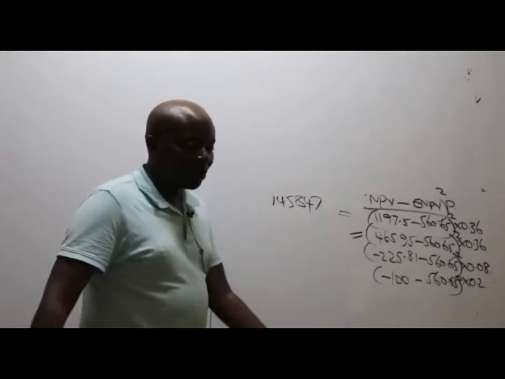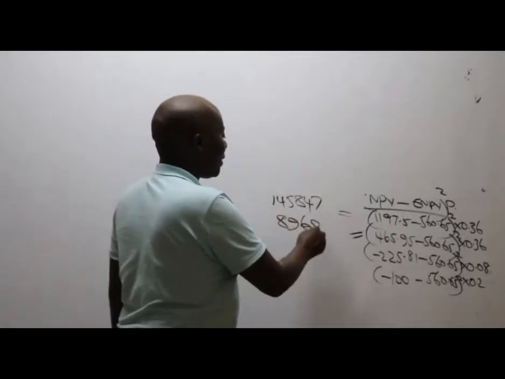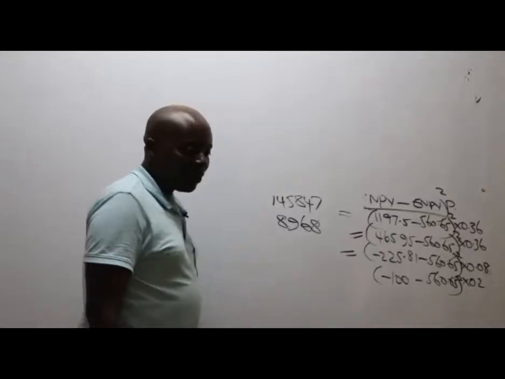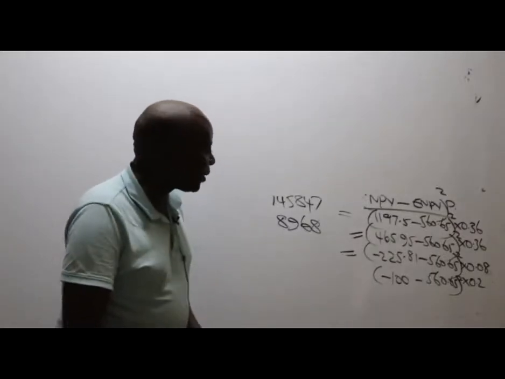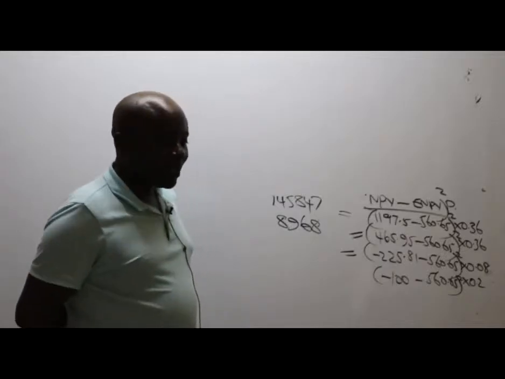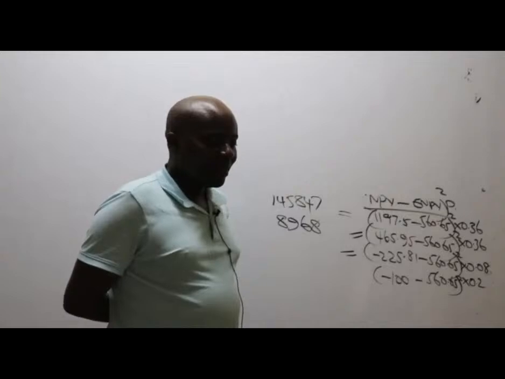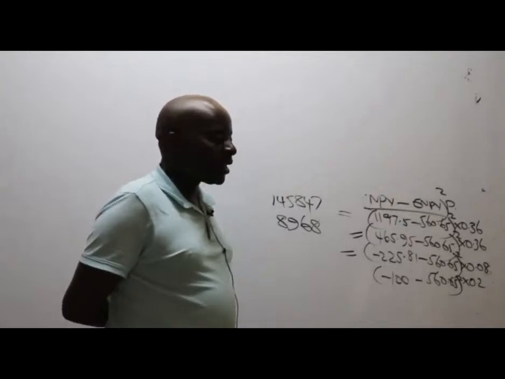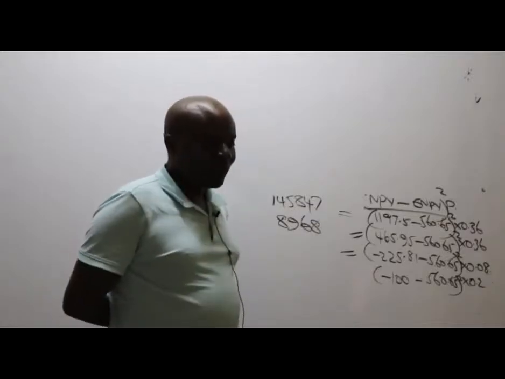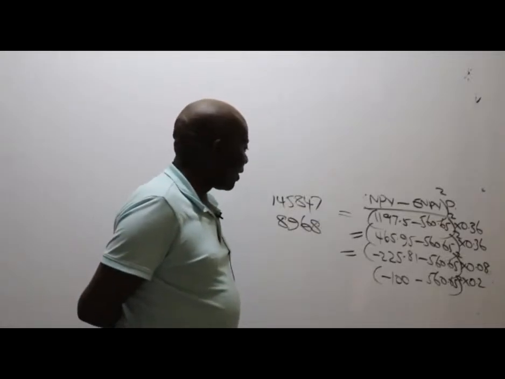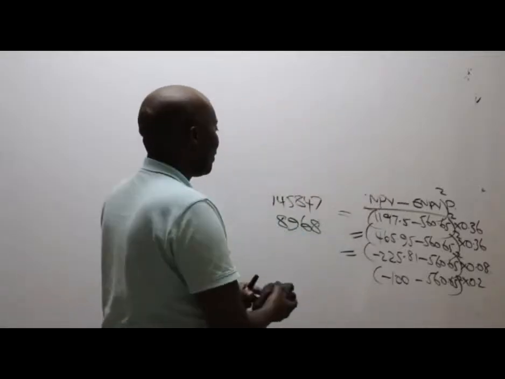The second one is 8968. Silvanus says that the first one is supposed to be 146. Is the first one correct? 146,008. So it means that today, for the first time, Sue has cheated me. No worries.